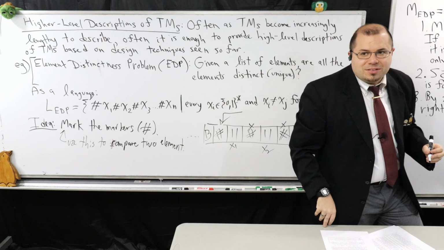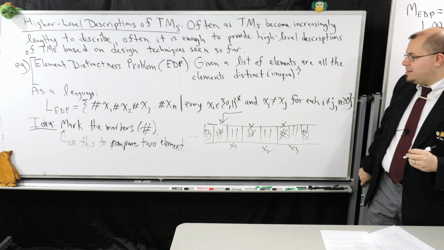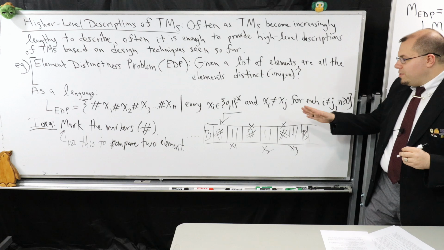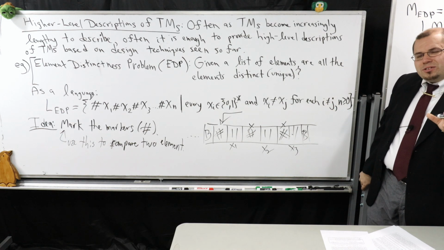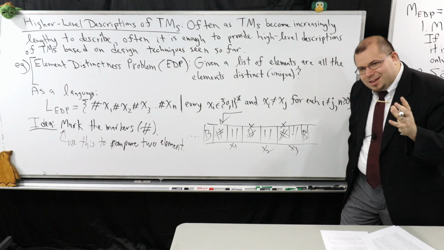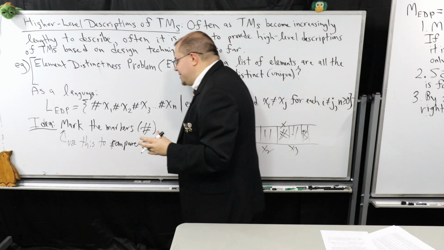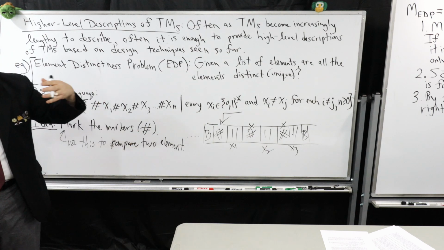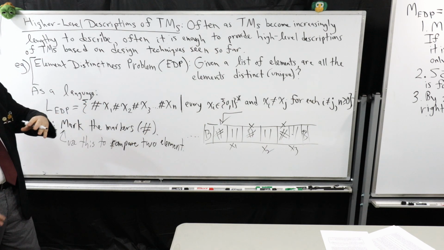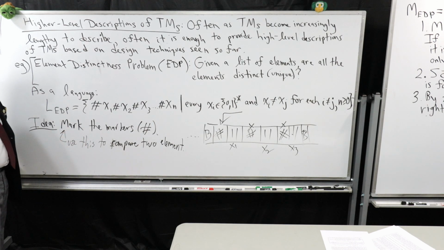So I always make sure that there's always two of these pound signs that are marked at one time. Does everybody get the general gist of the idea? It's okay if you want to think about it for a little while, but does everybody understand the key ideas? That we have the comparisons that need to happen. I need to know if they're equal or not. If they're equal, then you know for certain you need to reject.